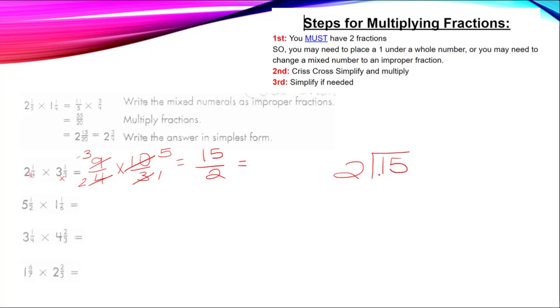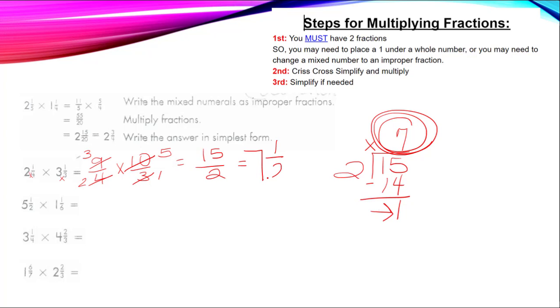No, because 1 is too small. Can 2 go into 15? Yes. 7 times. Multiply. 7 times 2, 14. Subtract. Bring down. Nothing to bring down, so I have 7 wholes with 1 left over the 2.